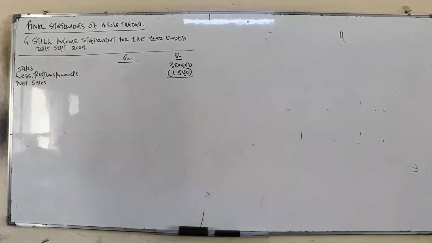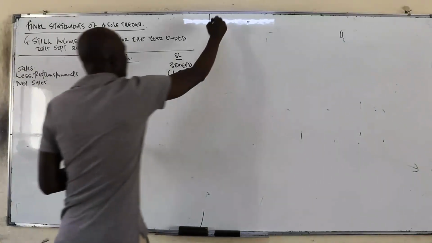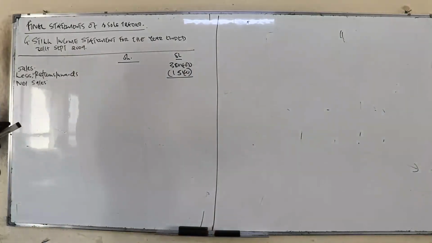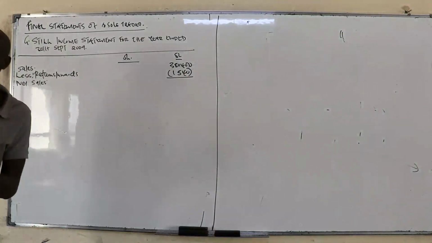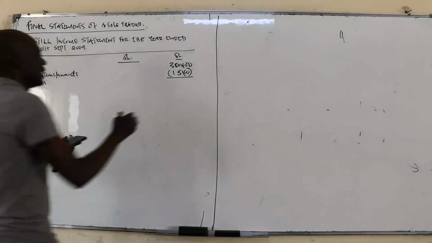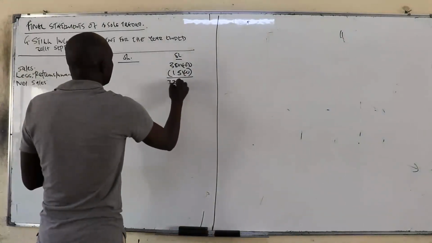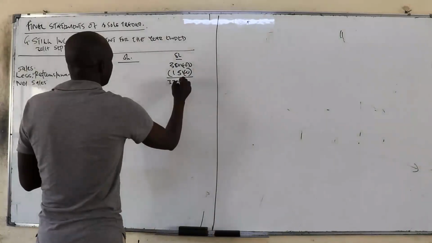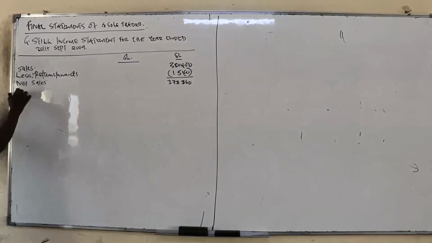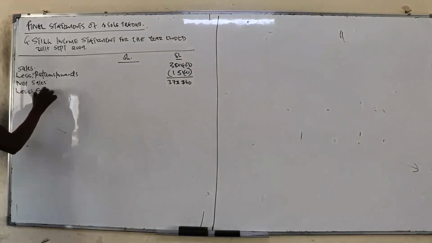When you do that computation, what do you get? Net sales. How much do you get? 380,400 minus 1540 gives 378,860.